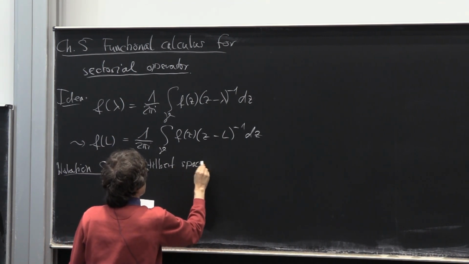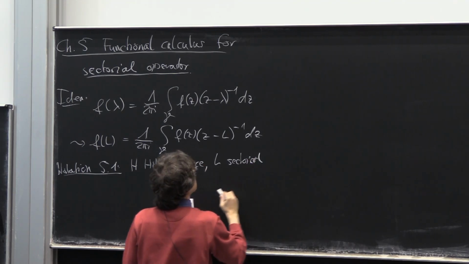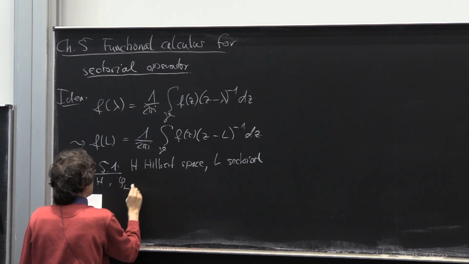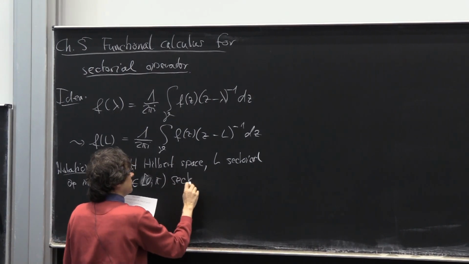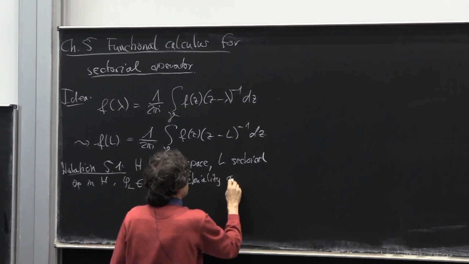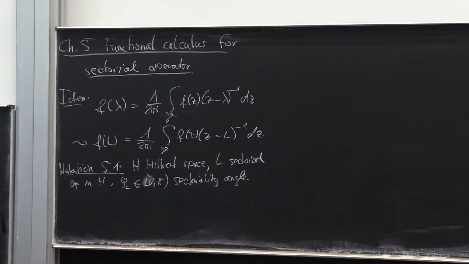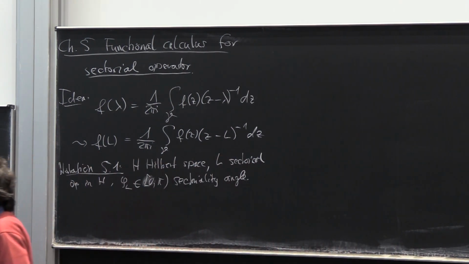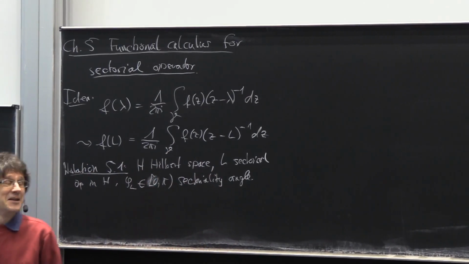Throughout the whole lecture, L is a sectorial operator in H, and I will denote its sectoriality angle as usual by phi L. And the norm on H would be just written as norm without an index, but this is not really necessary because you will see today is a rather algebraic lecture. I think there will perhaps be one norm throughout the whole lecture.